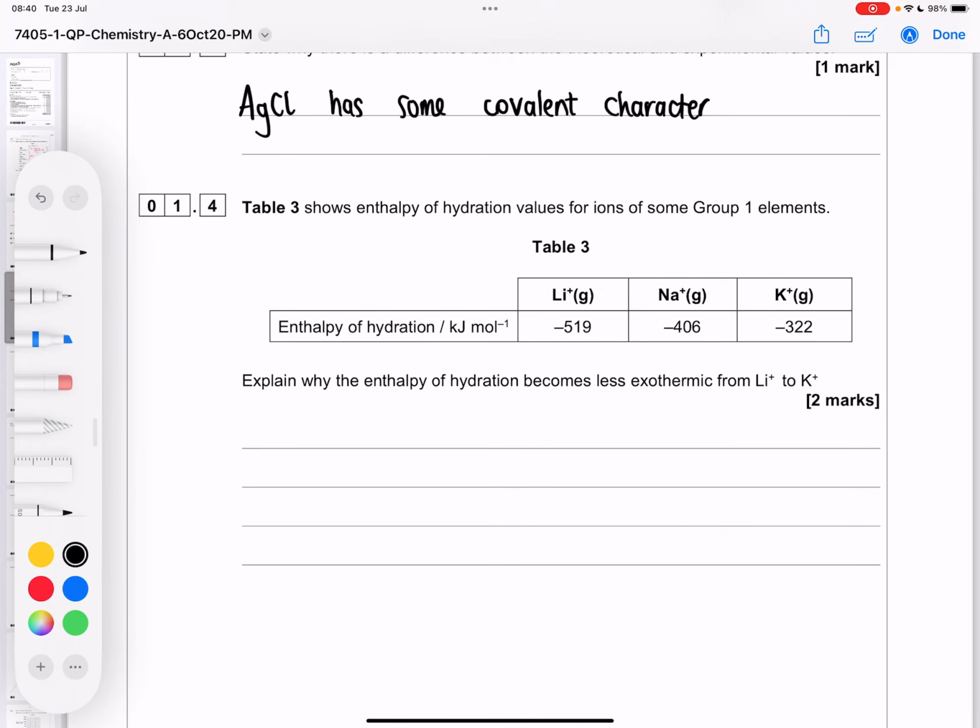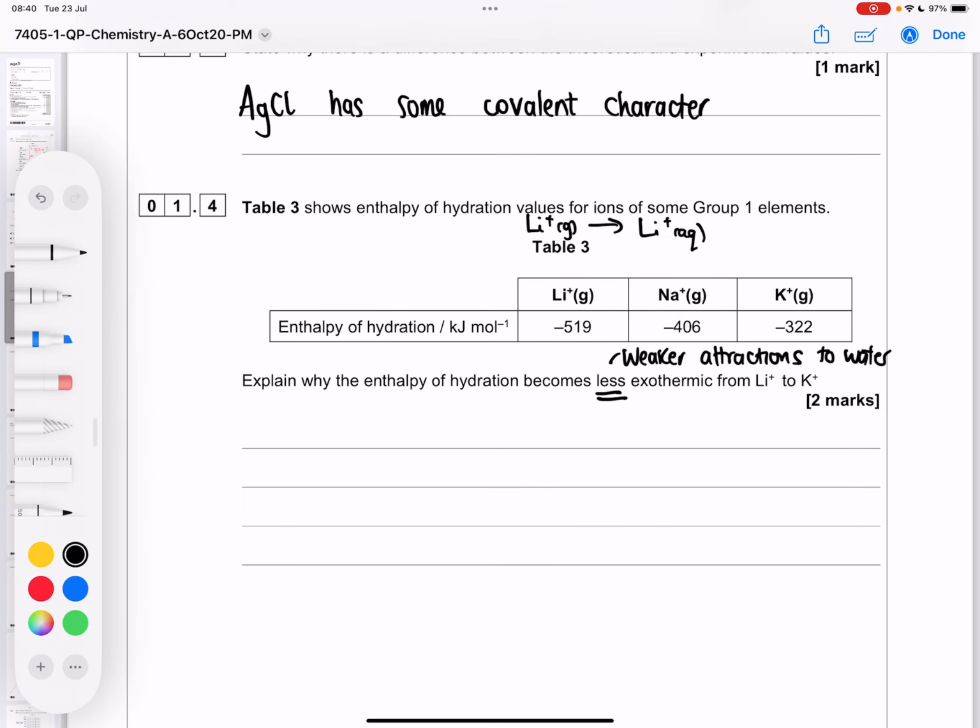Then we've got table 3 shows enthalpies of hydration values. So remembering that hydration is going from gaseous ions to aqueous ions of group 1 elements. Explain why the enthalpy of hydration becomes less. So this means weaker attractions to water as we go from Li+ to K+.